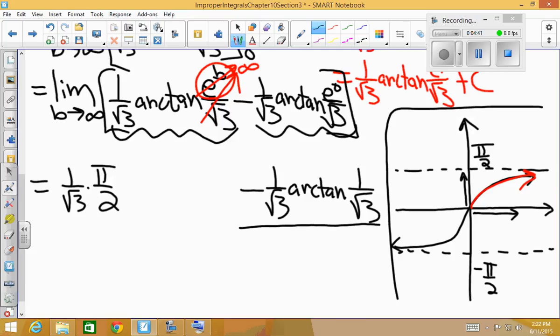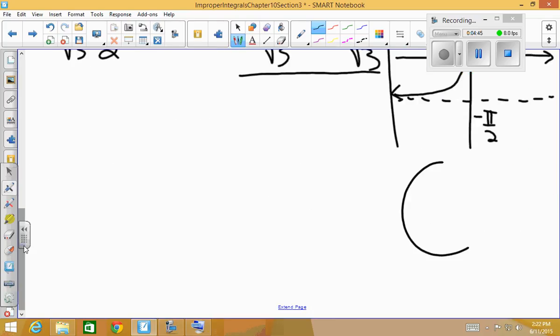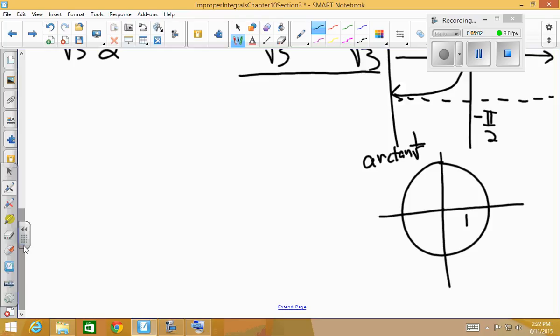Arctangent of 1 over the square root of 3, if you remember back to your unit circle, this is a unit circle centered at the origin with radius 1. The arctangent of 1 over the square root of 3 is going to be the angle where the tangent is equal to 1 over the square root of 3.